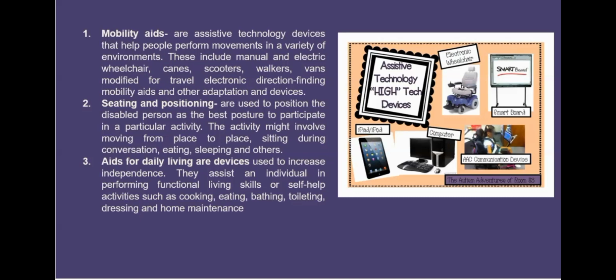So number 2, what is seating and positioning? These are used to position the disabled person in the best posture to participate in a particular activity. The activity might involve moving from place to place, sitting during conversation, eating, sleeping, and others.